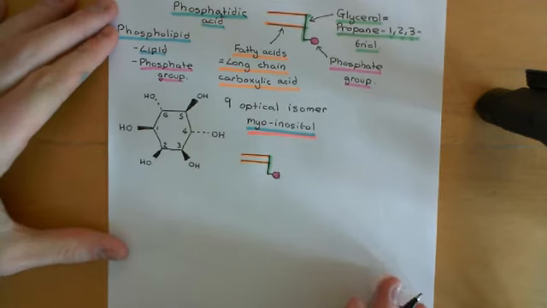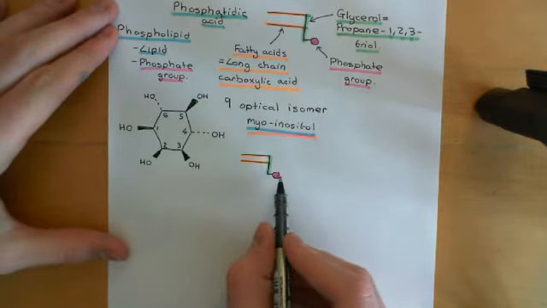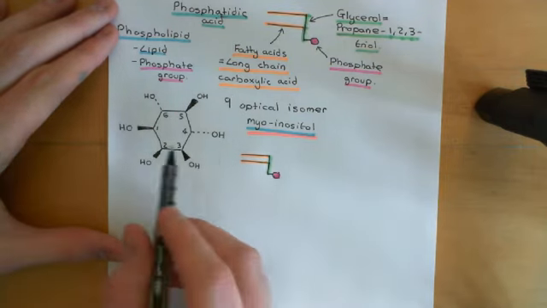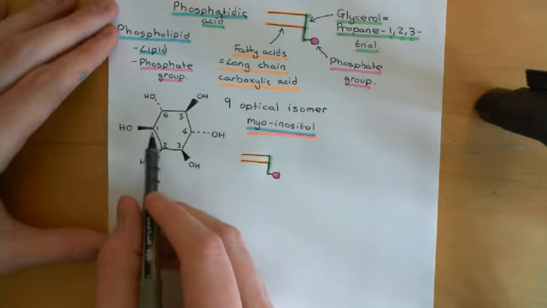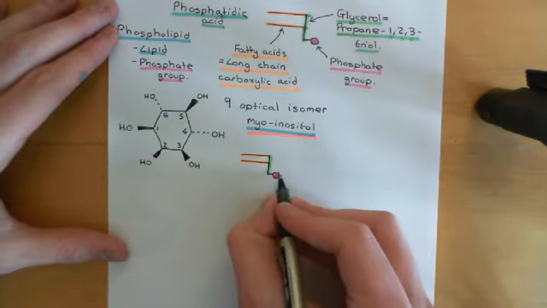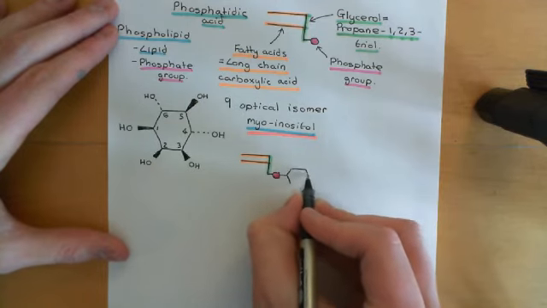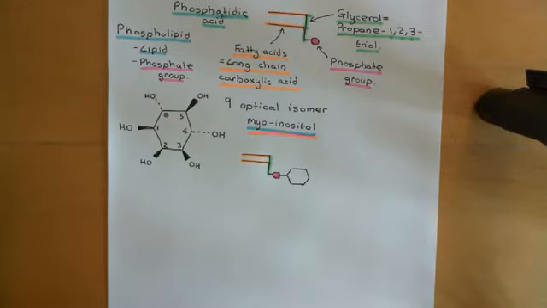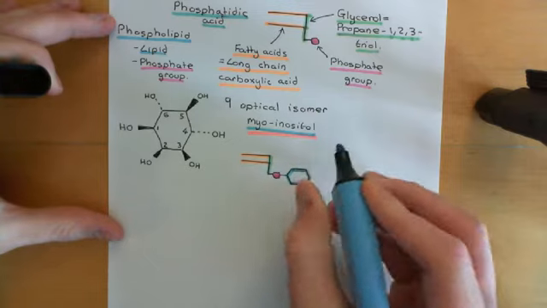Now what we're going to do is attach the inositol ring onto the phosphate group of a phosphatidic acid molecule. Specifically, we're going to attach the alcohol group coming off the first carbon of this inositol ring onto this phosphate group. I'm going to show this simply like so. I'm going to represent the inositol ring now just as a blue hexagon. So here is my inositol ring.